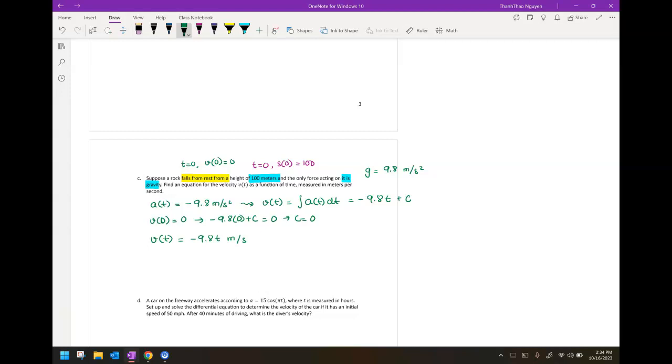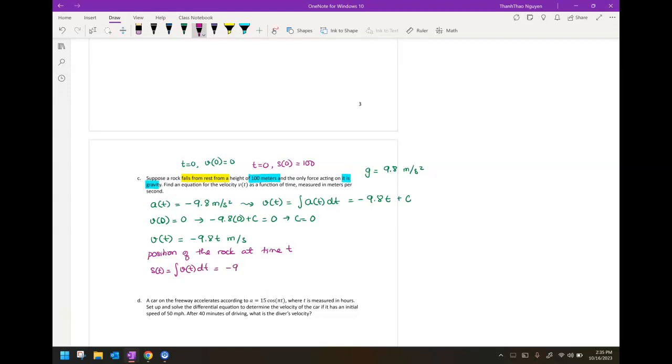Let's say we add a little more into this function. Let's say we want to find the position of this rock at any given time t. The velocity is the derivative of position, so the position is the integral of v of t dt.